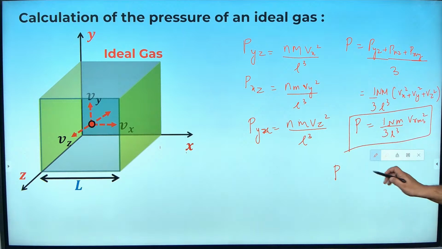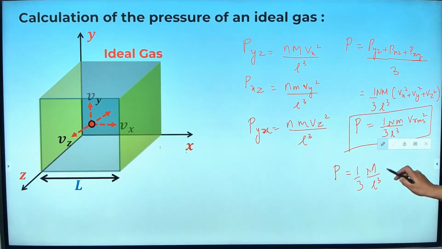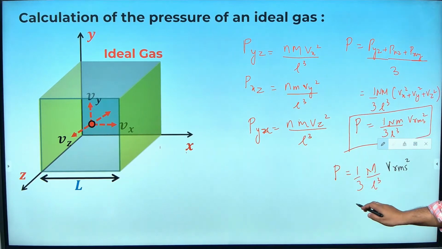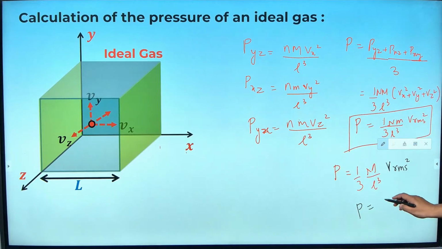Remember that. So P will become equal to 1 by 3 times n into m, which becomes capital M, by L cube. What is L cube? Volume. So what is mass by volume? Obviously density. So pressure will become equal to 1 by 3 rho V rms square.